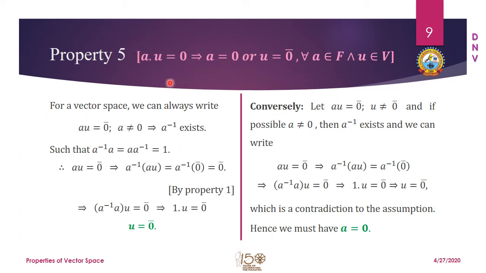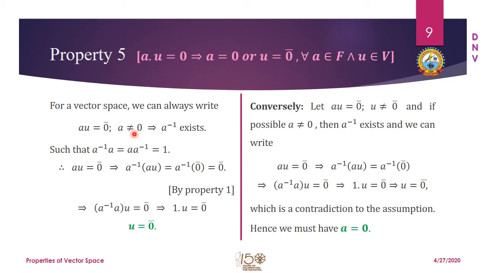To prove this property, we divide the entire proof into two parts. One is the main part and the second one is the converse part. For a vector space, we can write au equal to the zero vector and consider that a is not equal to 0. What does it mean?